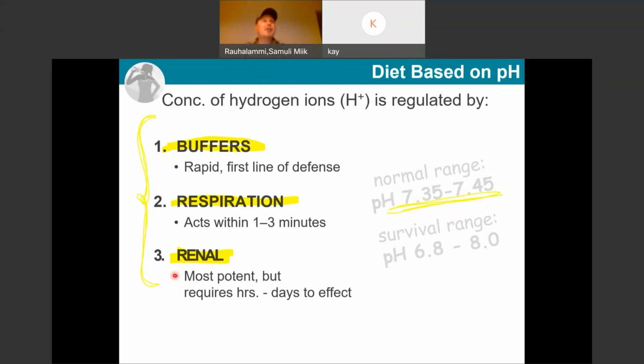This takes from hours even to days to work. However, this is the most powerful, most potent mechanism for maintaining the body pH. So by this interaction of 3 different mechanisms, we're able to keep the body pH within this very, very narrow range that we're seeing here.